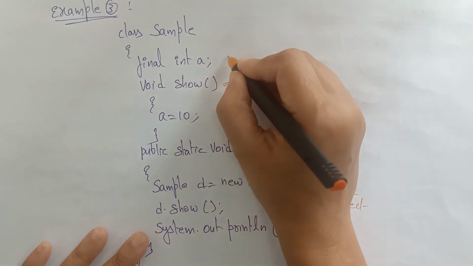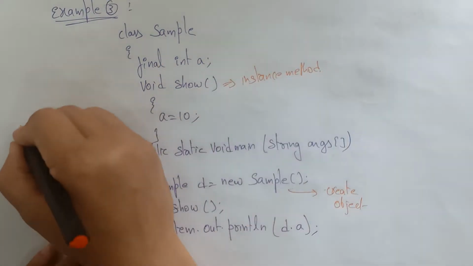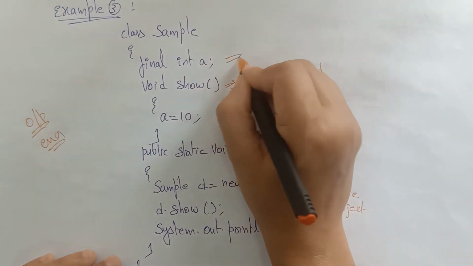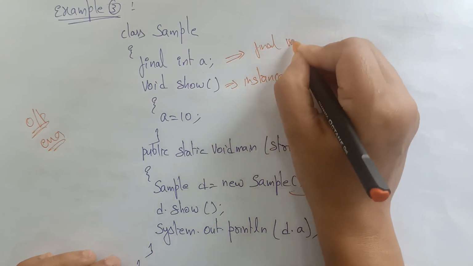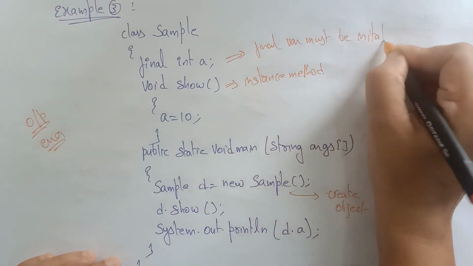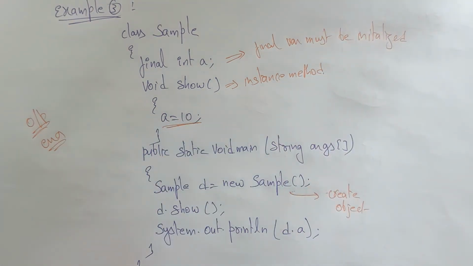Okay. So the first error is that it is invalid. You will get an error, so the output is error. So what is the error? The final variable must be initialized. You will say, ma'am, I already initialized it inside the method, so why is it showing an error?